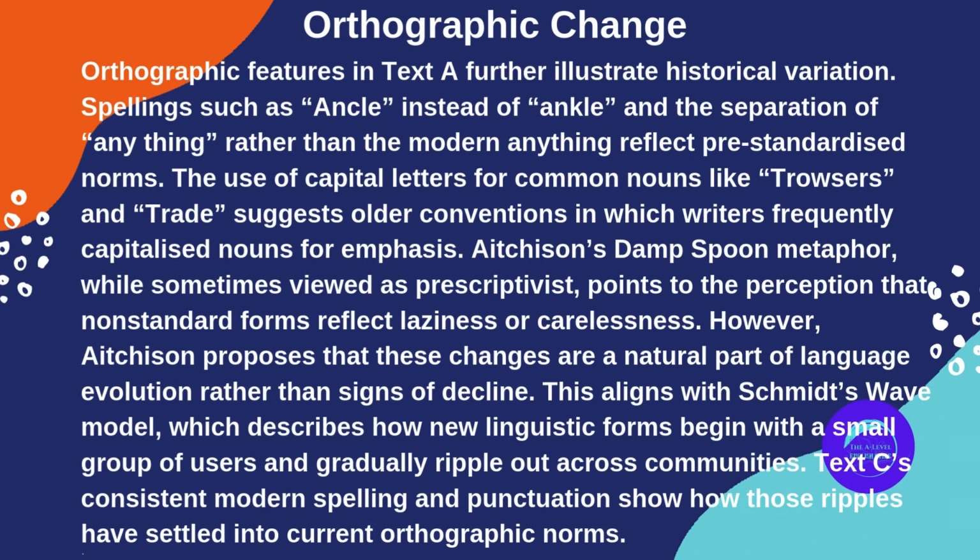However, Acheson also argues that these shifts are a natural part of language evolution, not signs of decay. Schmidt's wave model helps us see how orthographic changes spread gradually through groups, with modern forms eventually replacing older ones. The clean, standardised forms in text C show how those waves have become the norm today.